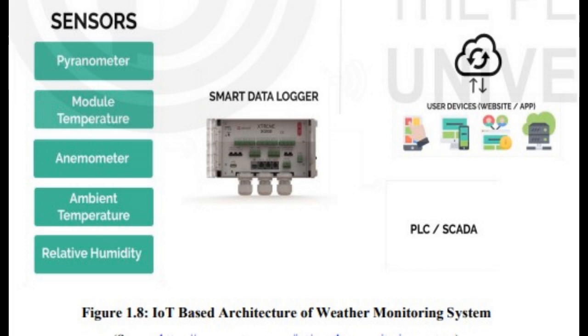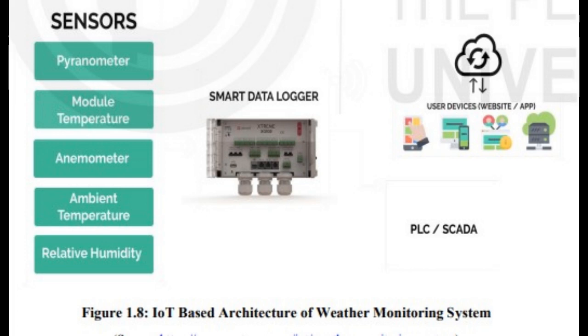Look at the screen. 1.10 Sensors in weather monitoring system. Pyranometer. The pyranometer measures solar radiation available at the project site. The radiance measured by the pyranometer is an indicator of the solar energy available for generation. Generally, a minimum of 2 pyranometers are used in every project.